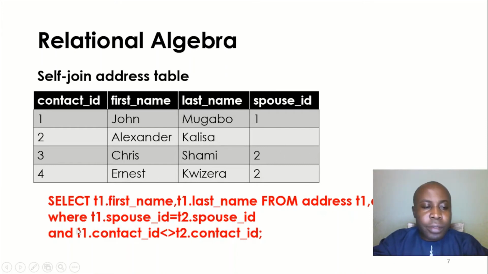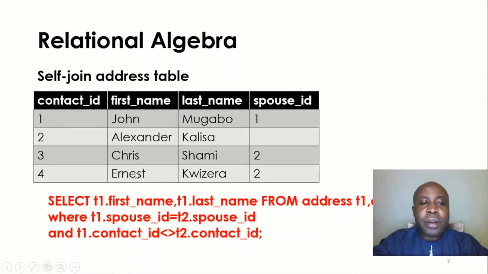Then there is another condition, t1.contactID, this symbol means different to t2.contactID, where the contact IDs for the same spouse ID are different. So the result of this query will be this one.